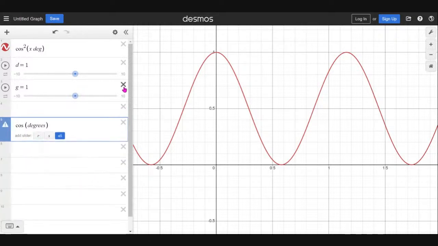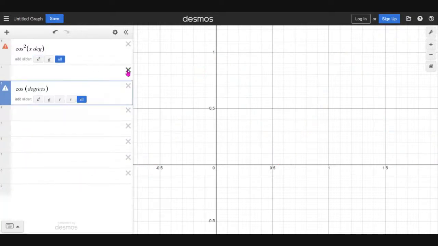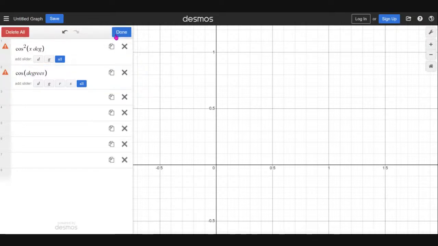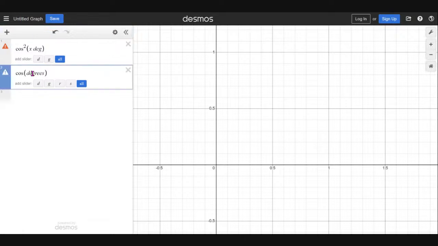Go to the options. Add slider options. Nothing special. Just put X there.